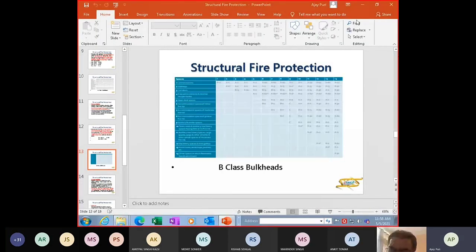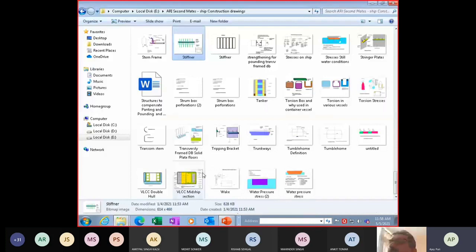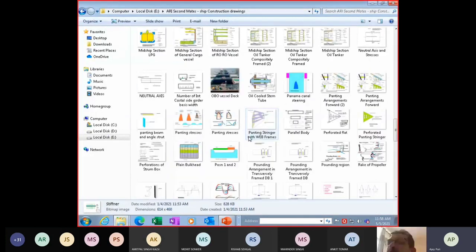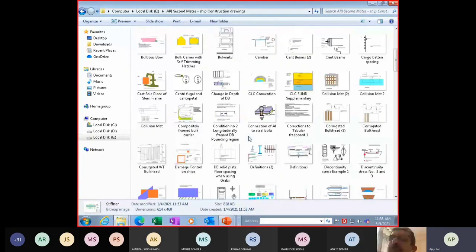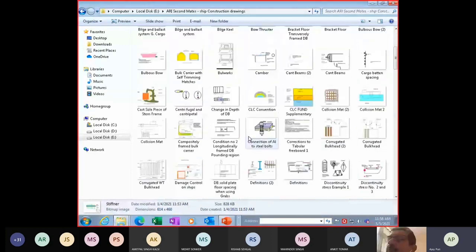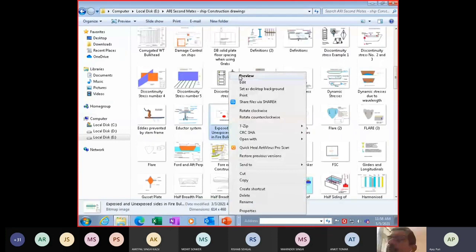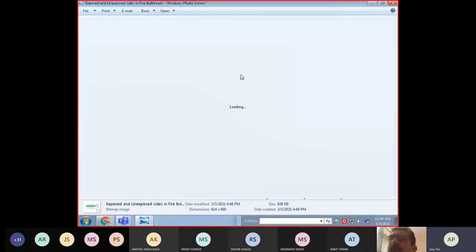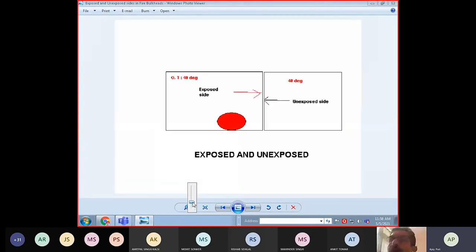Then we'll come to your C class divisions. Let me show you if any diagram is there. So this I had drawn for what is unexposed side and exposed side.